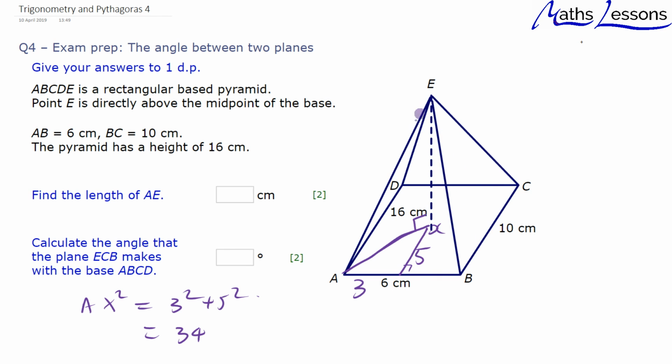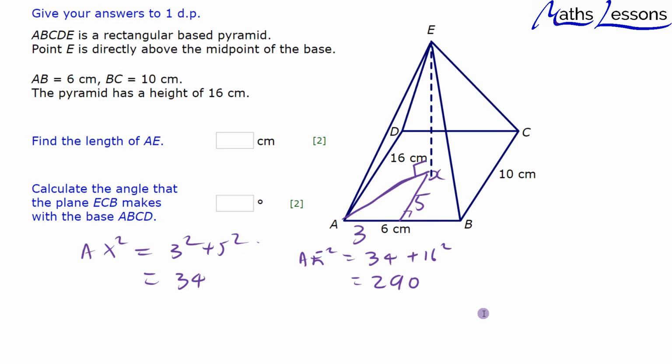Now we want to find AE. So AE squared will equal this side squared, which is 34, plus the height 16 squared. That comes out as 256 plus that gives me 290.